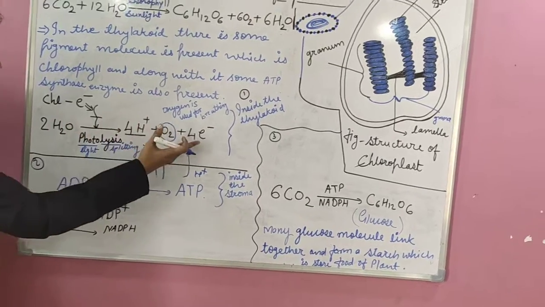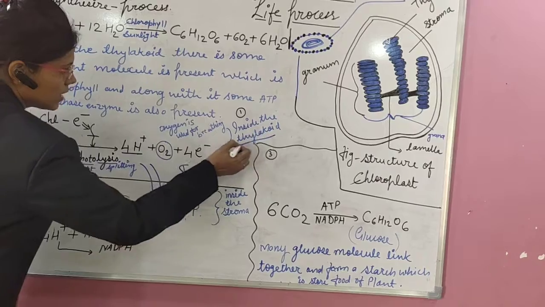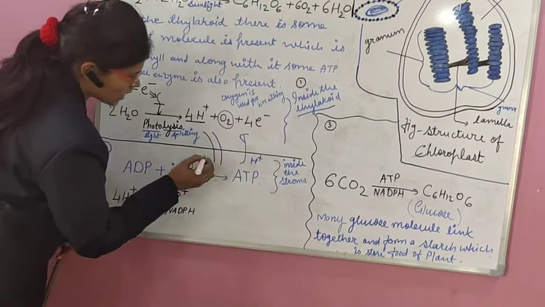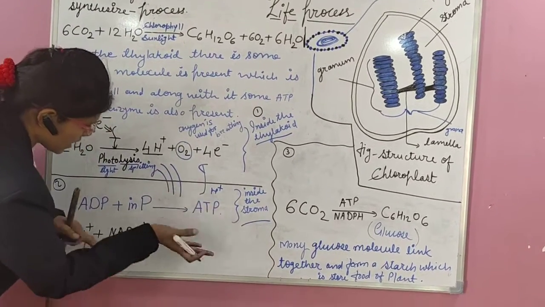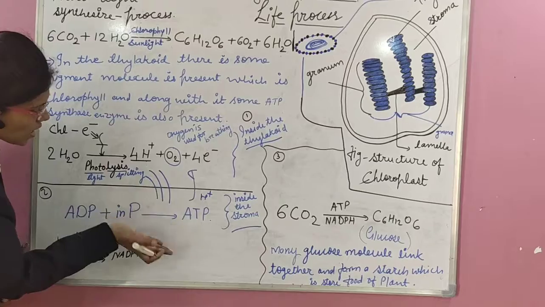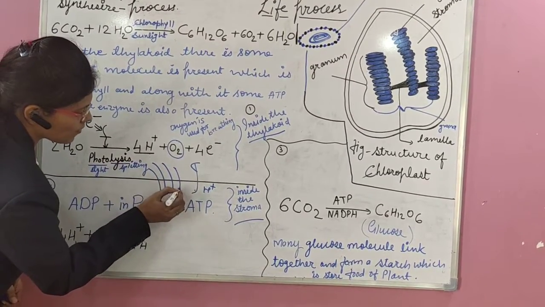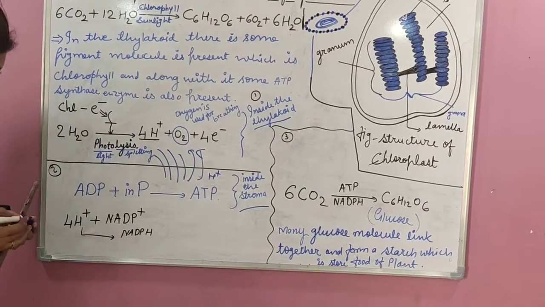So while this process goes on, with the splitting of the hydrogen protons, when more and more electrons and protons are accumulated in the area of the thylakoid, it starts passing them into the stroma, and this transfer of protons from thylakoid to stroma and from stroma to thylakoid takes place continuously during photolysis.